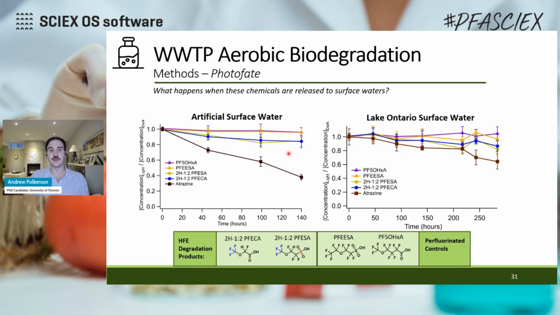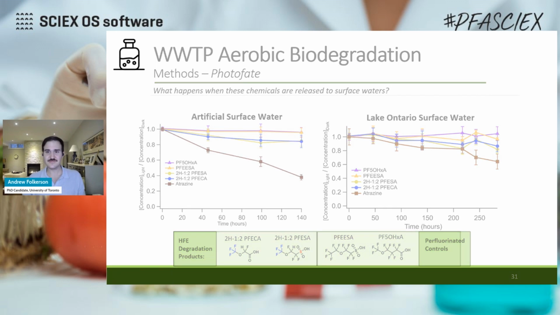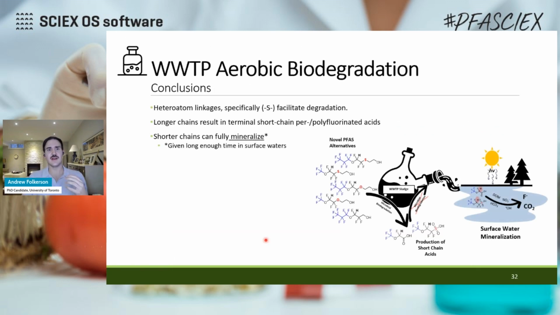And so we're able to conclude that yes, there is reactivity at these CHF groups, and yes, they're able to react further away. And once those CHFs, specifically the H, react off, that molecule will fully break down and completely mineralize. Again, not something we hear much about with PFAS research. So putting that biodegradation and water treatment plant work together: yes, those thioethers do react a bit faster, and they react to a greater extent.